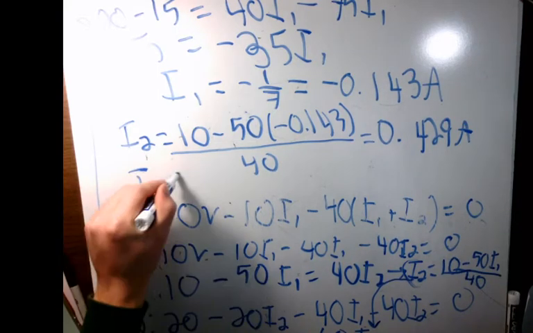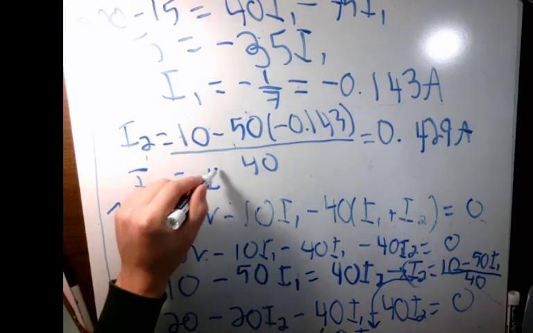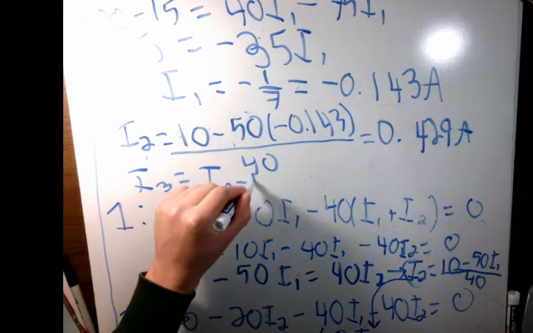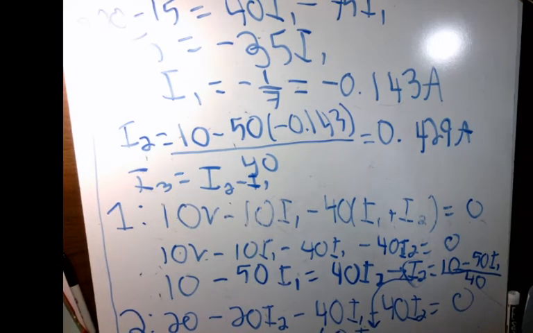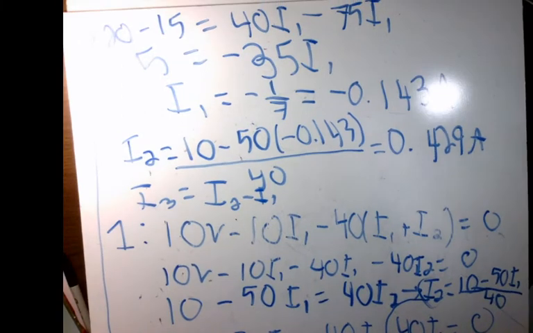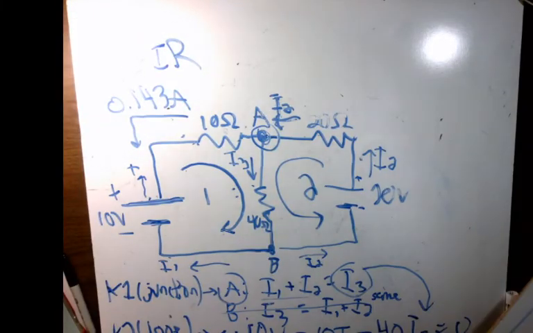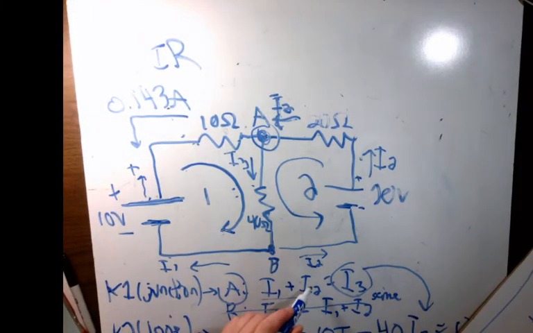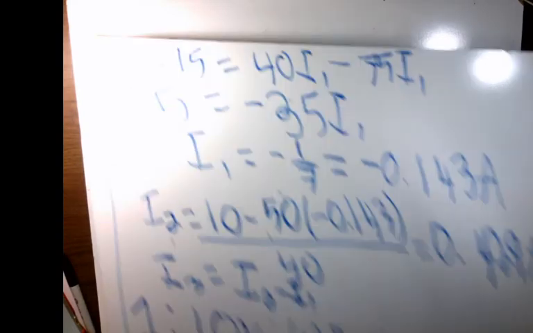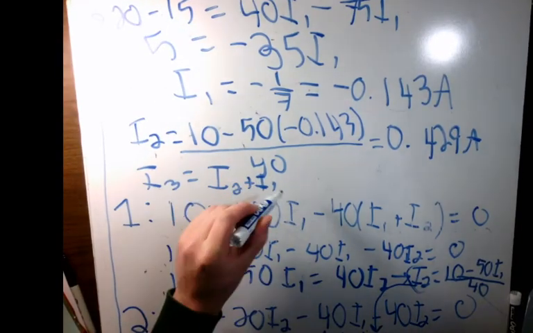And our I3 is equal to I1 plus I2 from our Kirchhoff's first law, our junction, right? Sorry, add them together.